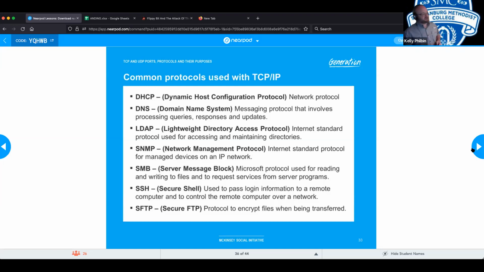And then when you combine Secure Shell and FTP, you get SFTP, Secure File Transfer Protocol. Not to be confused with TFTP, which I believe is Trivial File Transfer Protocol, which is actually lower security.